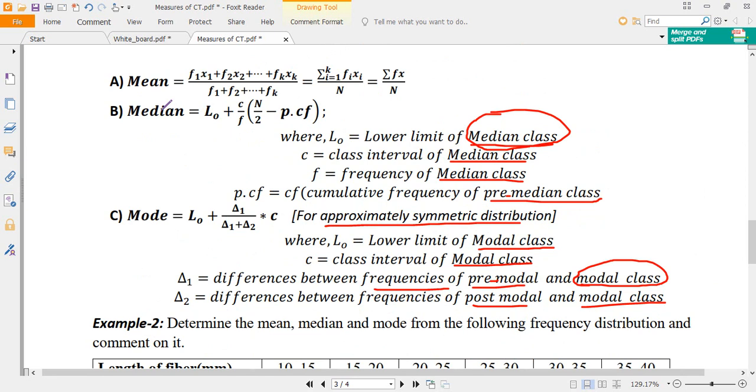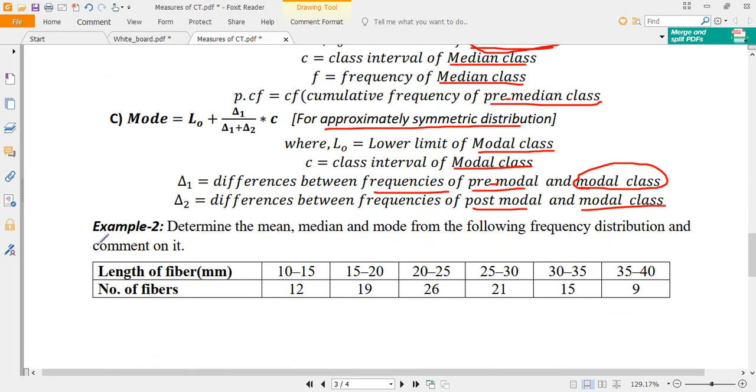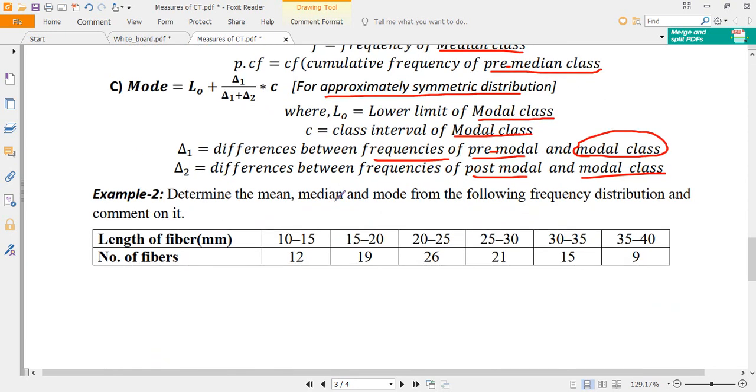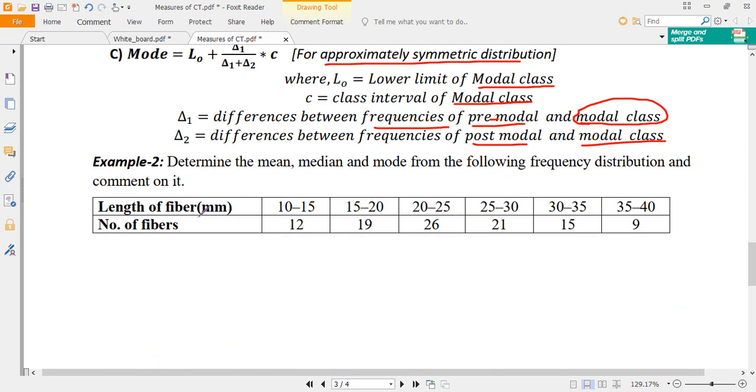This will be easy to understand if I show an example. Here I consider an example: a frequency distribution is given on the variable length of fiber in millimeters.